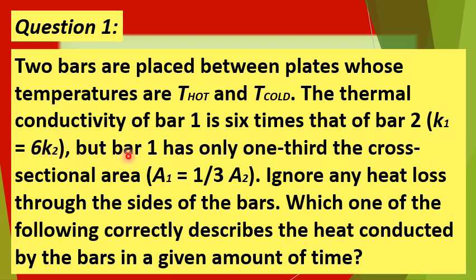But bar 1 has only one-third the cross-sectional area. That is, A sub 1 is equal to one-third of A sub 2. Ignore any heat loss through the sides of the bars. The question is, which one of the following correctly describes the heat conducted by the bars in a given amount of time?